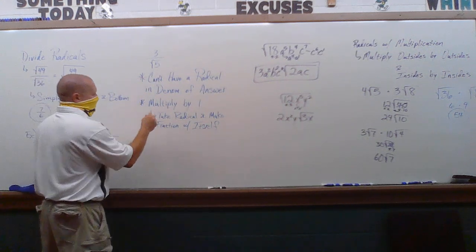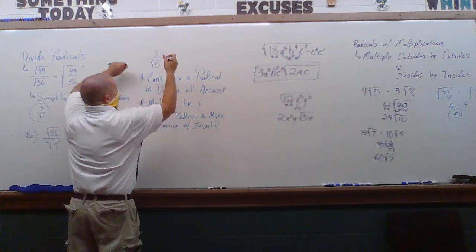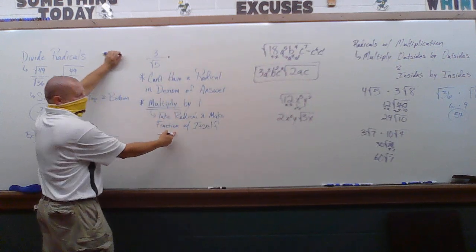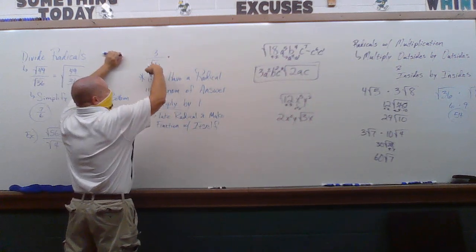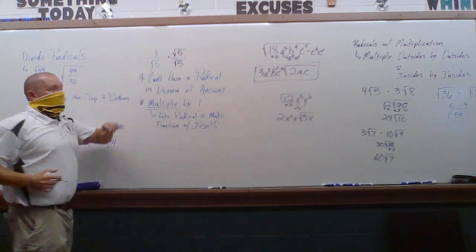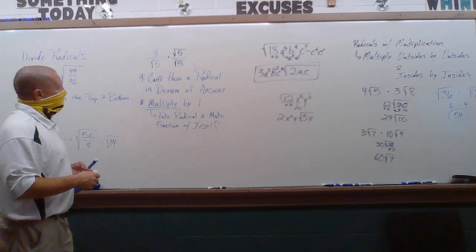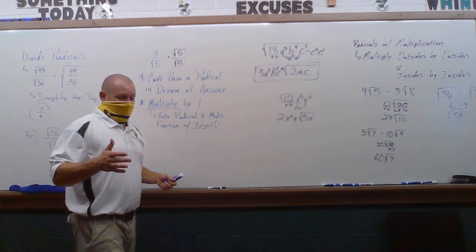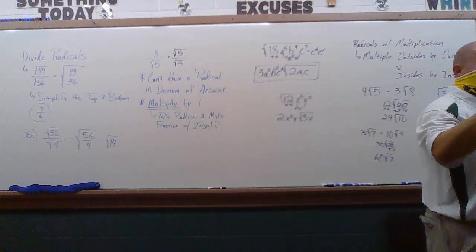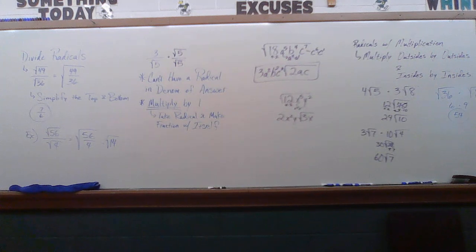But remember, this is the key here. I'm going to multiply. So I'm going to come back up here, I'm going to multiply, and I'm going to put the radical over itself. Whatever's in the denominator, I'm going to multiply it by a fraction of itself. Now, if you thought about multiplying by fractions way back when, what's the first thing that they tell you to do when you're going to multiply by fractions?